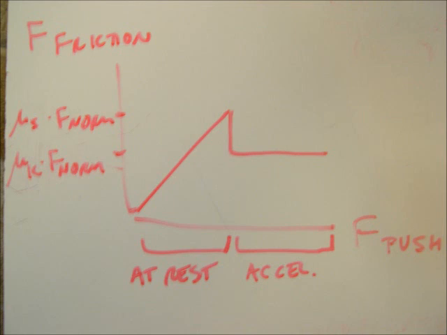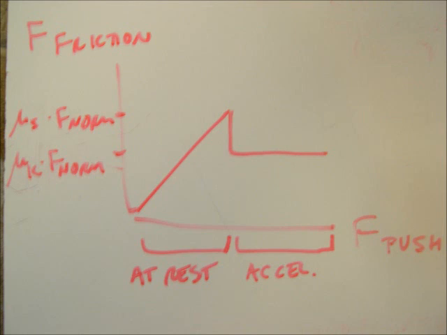So this gives us a notion of really two frictions that we play with in calculations. One of them is the kinetic friction, given by this horizontal line on the right-hand part of the graph, and that has a value equal to mu sub k times the normal force. Then there's also this maximum possible friction before the object starts to accelerate, and we call that static friction.